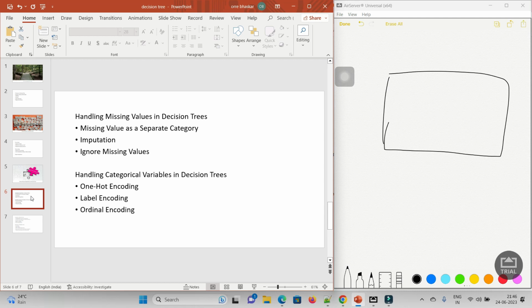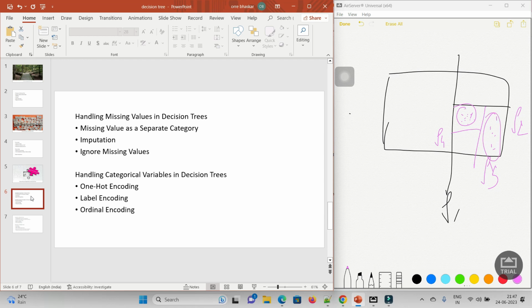This is our space, and we are splitting based upon feature 1. Similarly, splitting based upon feature 2, feature 3, and feature 4. If a data point belongs to this region, it's one boundary. If they belong to this region, this is another boundary.